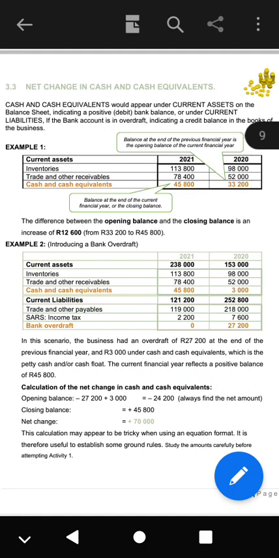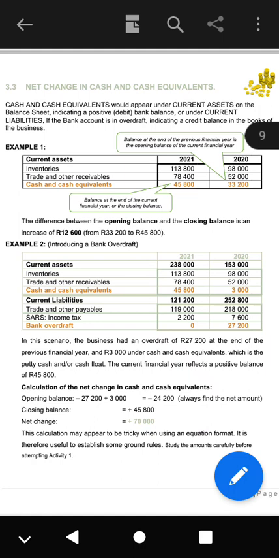Remember what I said at the beginning. Sometimes we can have a debit balance for cash and cash equivalents, or sometimes we can have a credit balance for the bank. Whenever it's a credit balance, it is a bank overdraft. When the bank is a debit balance, of course, it's just a positive bank amount.